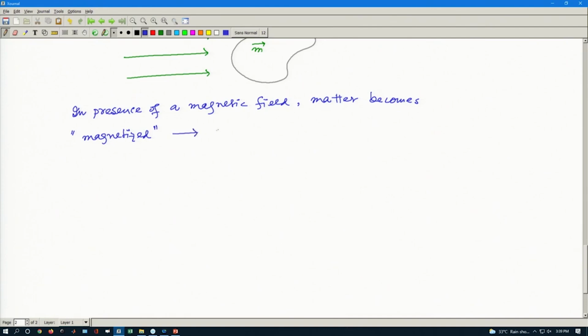That means the tiny magnetic dipoles will have their alignments along some direction.